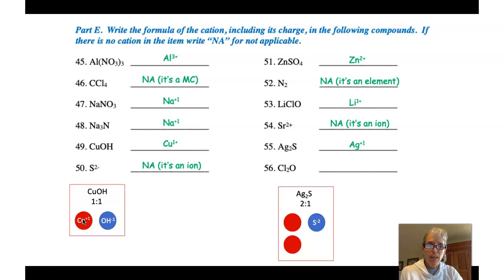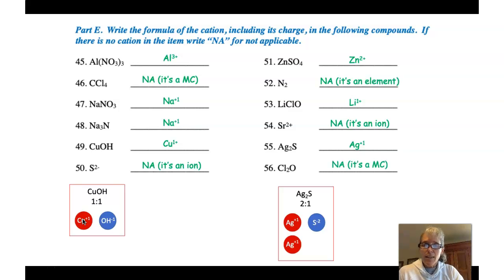And so again, the compound needs to be neutral. We need a total of +2 charge shared over 2 ions. Well, that means that the charge on the silver must be a +1. Alrighty, and lastly for 56, this is not applicable because it's a molecular compound.